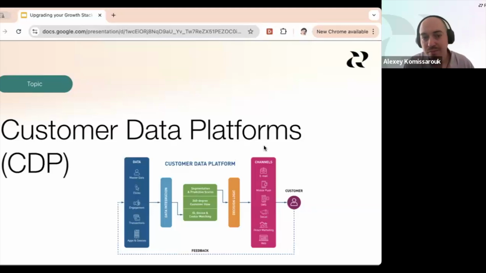All right. And finally, on the tooling side, I want to talk about customer data platforms. This is one of these terms where everybody says they're a customer data platform, and the definition is very, very broad. I will give you the simplest engineering side definition, where it's, I want to get a bunch of data in from a bunch of places, from my website, from Stripe, from any number of places.